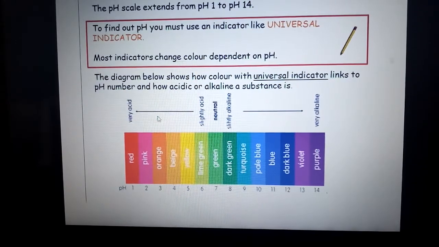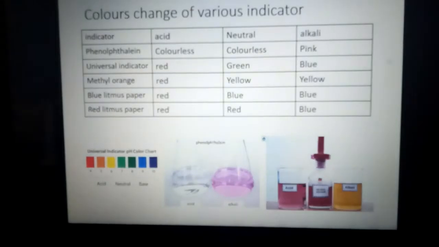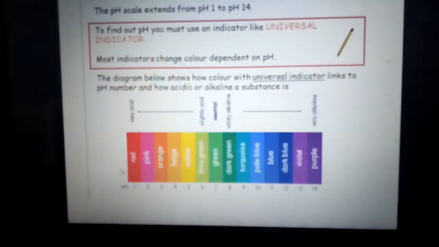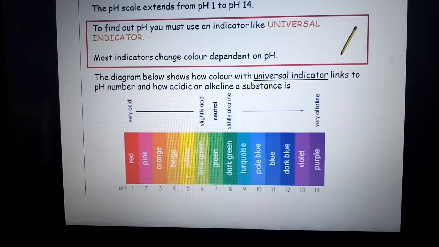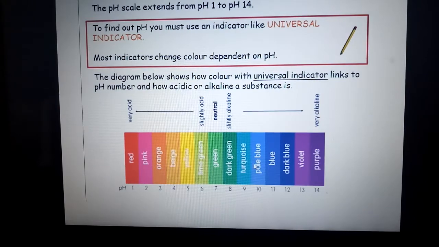To find out the pH value, you must use an indicator like universal indicator, to get the value of pH. Most indicators change color depending on pH. Different pH, different color. So this is an example of universal indicator, and the color changes depend on the pH number and acidity and alkalinity of the substances.